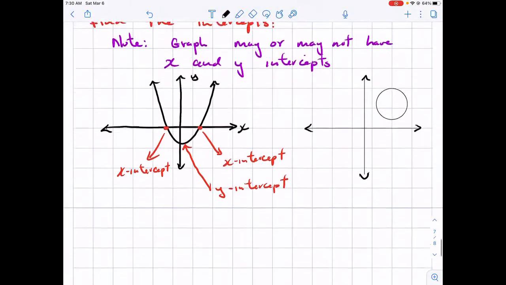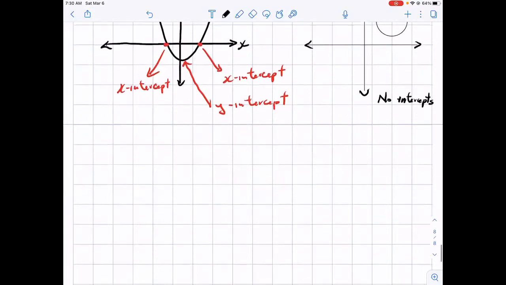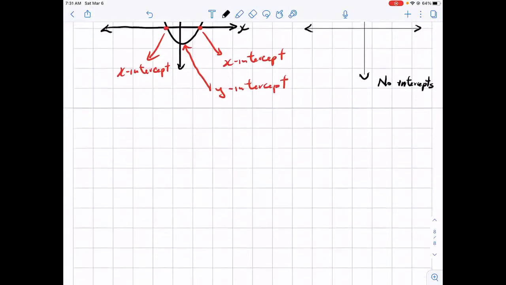Here we have no intercepts. Or we can have graph with only one intercept.